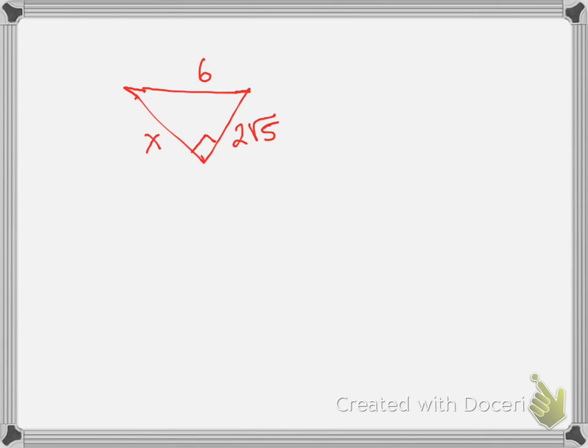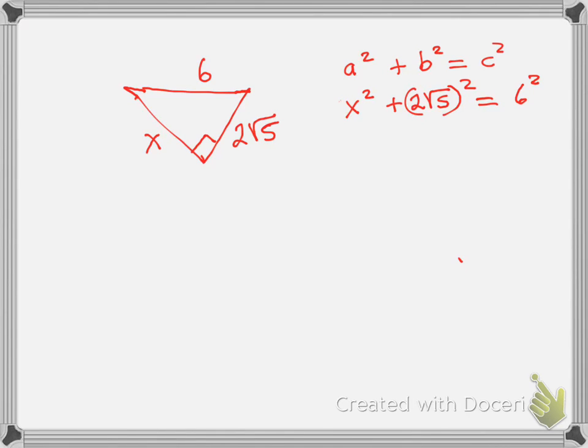It's a right triangle, so I'm still using my a squared plus b squared equals c squared. Okay? What am I substituting in for a? 6 is not it. x or 2 rad 5. x squared. What would be my b? 2 rad 5 squared. 2 rad 5 squared equals 6 squared.